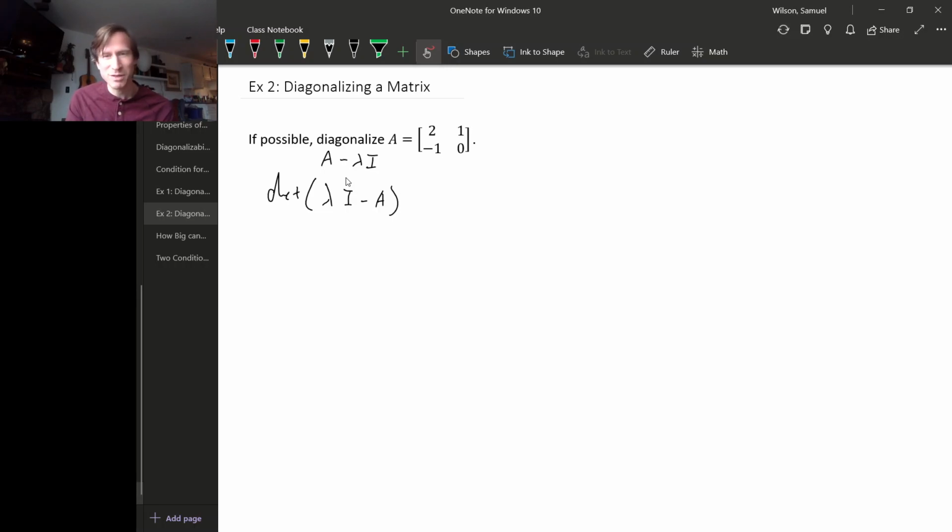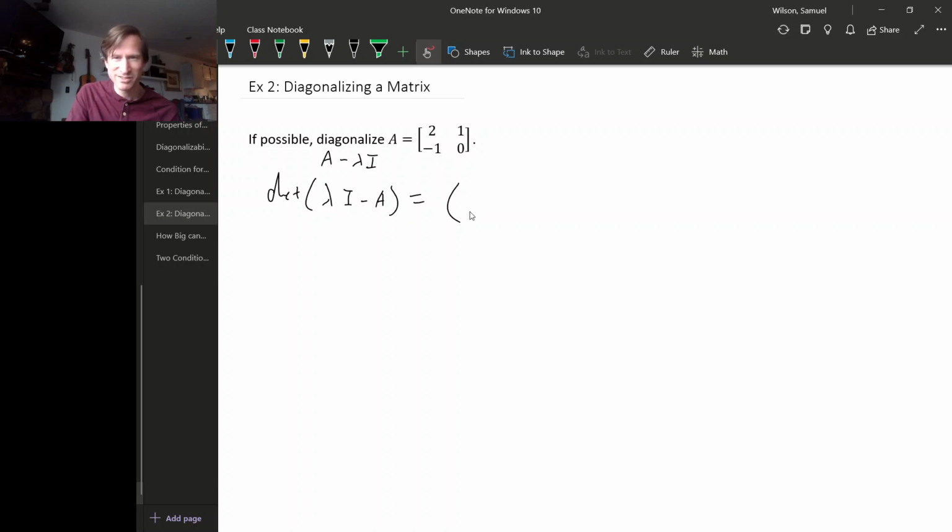And whether they're equal or negatives, they'll have the same zeros, and the eigenvalues are the zeros. So either way, you'll get the same eigenvalues.